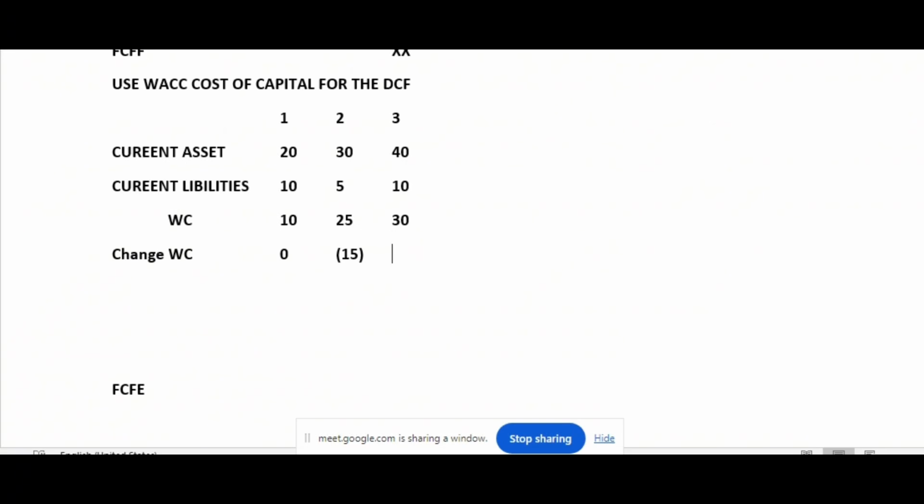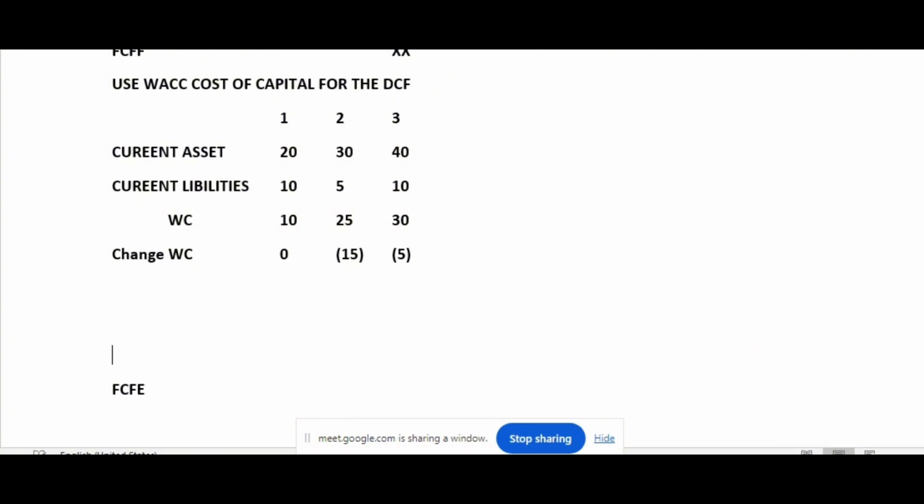There is an increase of 5. So this is an increase in working capital. You can see that from 10 to 25, from 25 to 30. Some people argue that is actually good, but we'll get there when we start questions. So this is how it works.